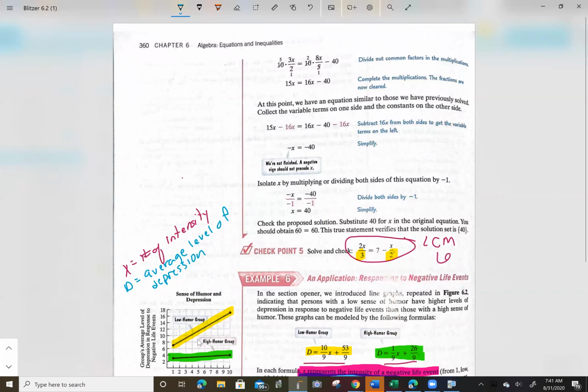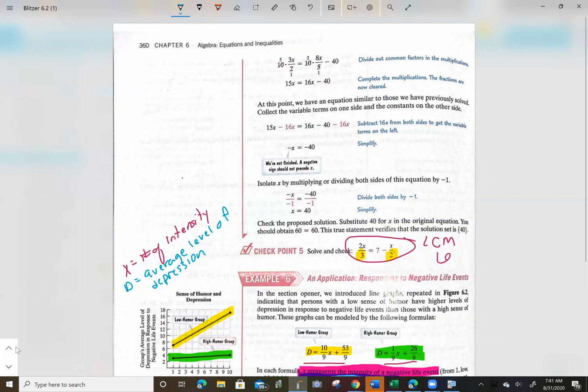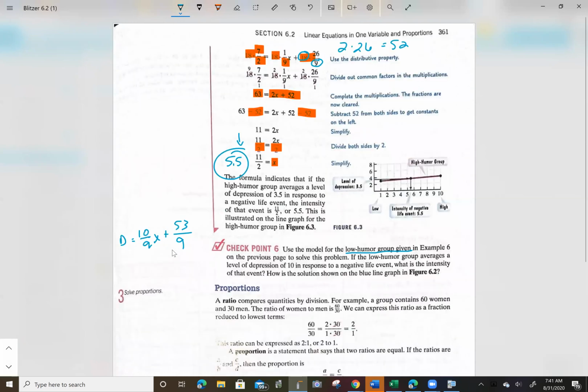So D equals 10/9x plus 53/9. Were they both over 9? Let's double check. Yep. Okay. This is a 9 here. That makes it really easy because you're just going to multiply by 9 probably.